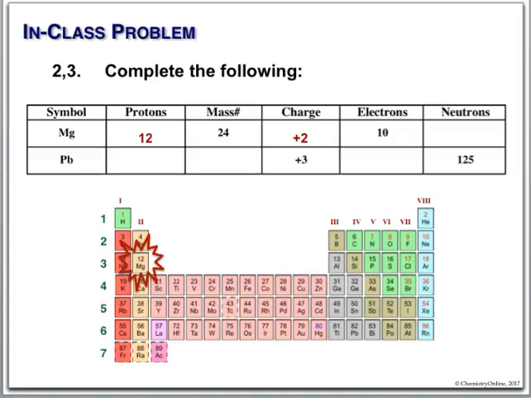And finally, the number of neutrons. Remember that our mass number is simply protons plus neutrons, isn't it? So if we have 12 protons and a mass of 24, we must also have 12 neutrons. Any questions on that one?